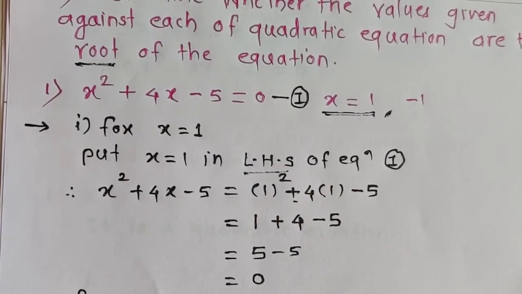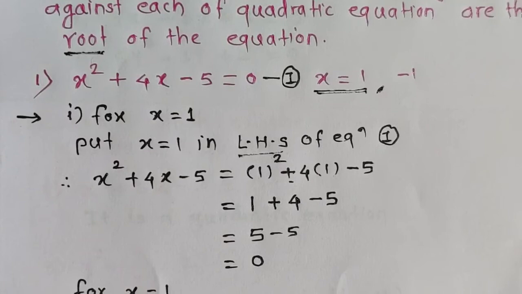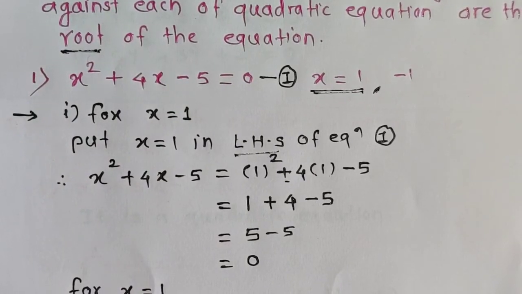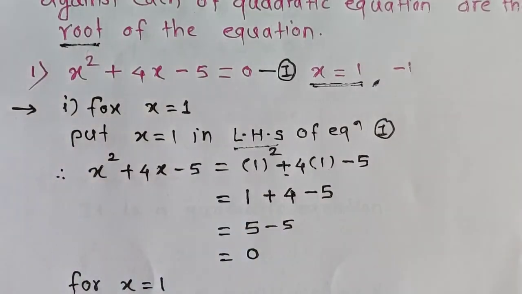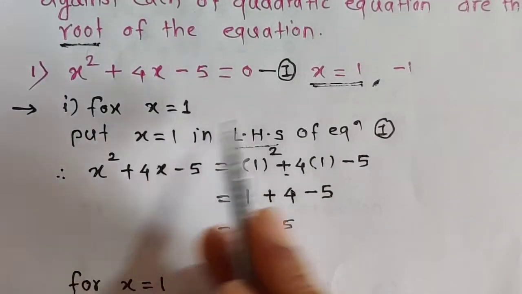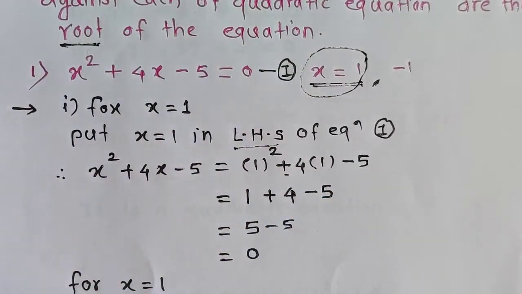So let us see this question number 4 again. I am moving the screen. The first equation is x square plus 4x minus 5 is equal to 0. That is the given equation. So rewrite that equation and let it be 1. Now check for x is equal to 1.